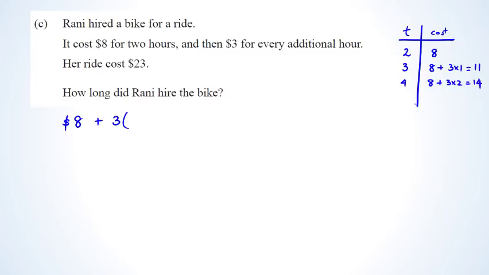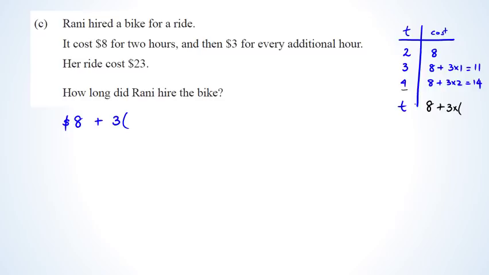Now, if you're good with your tables, you can probably look at these patterns and actually create an equation. So in other words, if this was t, what is this going to be here? You can see that the pattern is that you can write this as $8 plus 3 times whatever this t is.